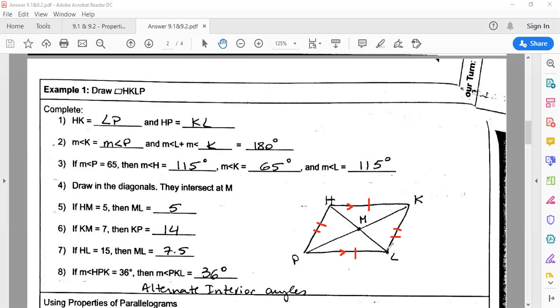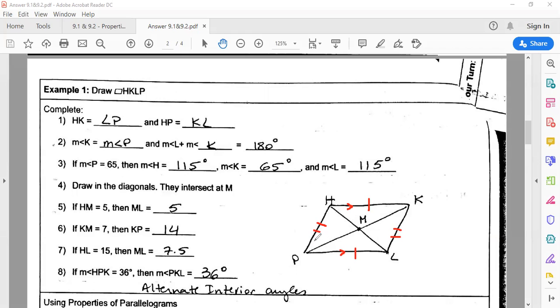Angle L plus angle K will be 180, or angle L plus angle P would also be 180. So here it could be K or P. If the measure of angle P is 65, then what is H? Well, they're supplementary, so it's 180 minus 65, which gives you 115.